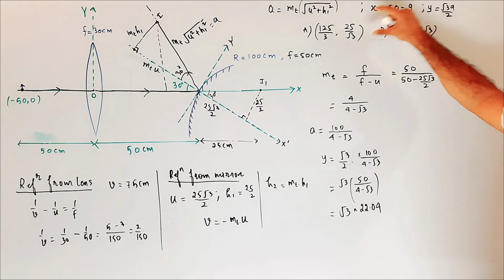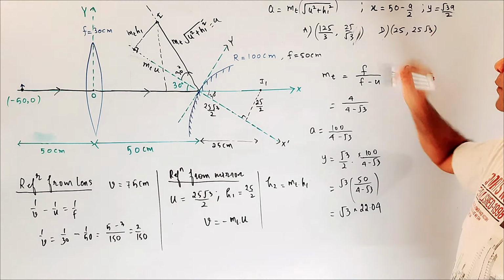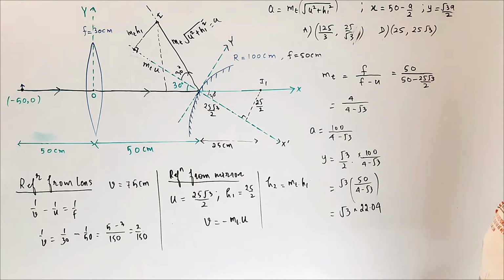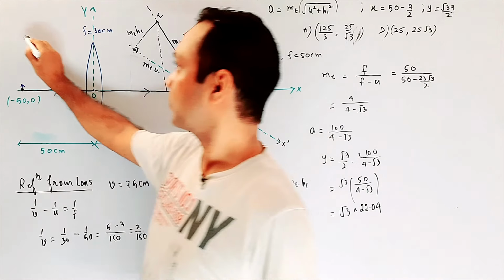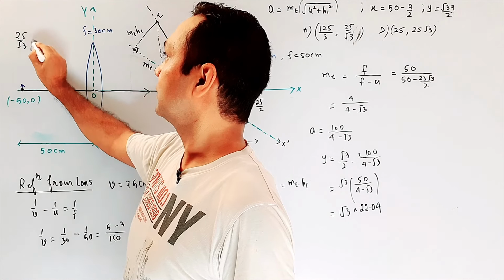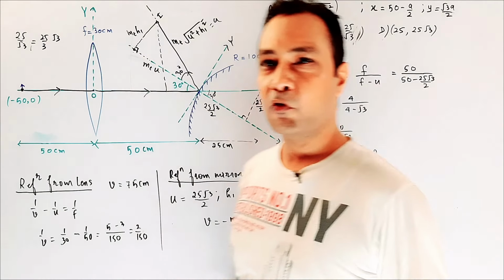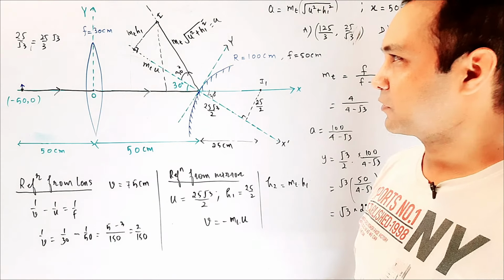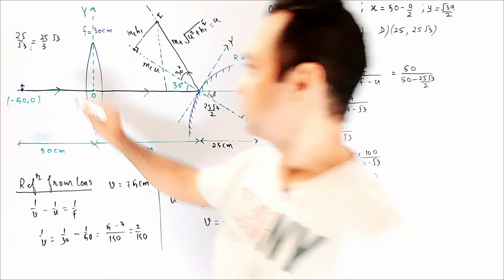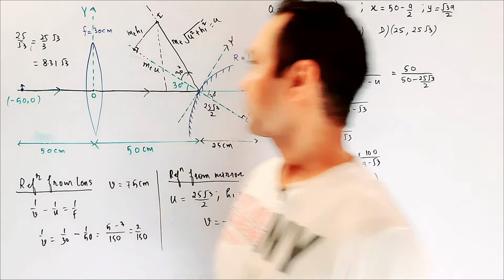If I compare the y coordinate of this, this is root 3 into 25. This 25 by root 3 we can write as 25 by 3 into root 3. 25 by 3 is 8.31. So this is 8.31 into root 3.